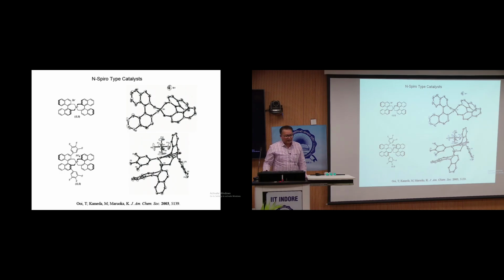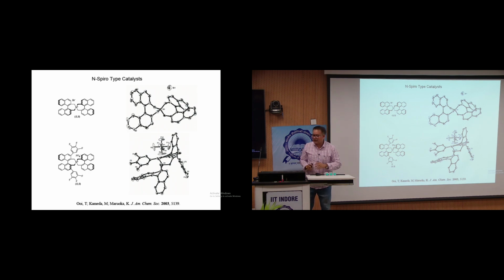He told that this is the first time we synthesize some ammonium phase transfer spiro type of catalysts, and they gave this nomenclature and published in JACS in 2023, but they did not show the application. They just synthesized them and put it through.